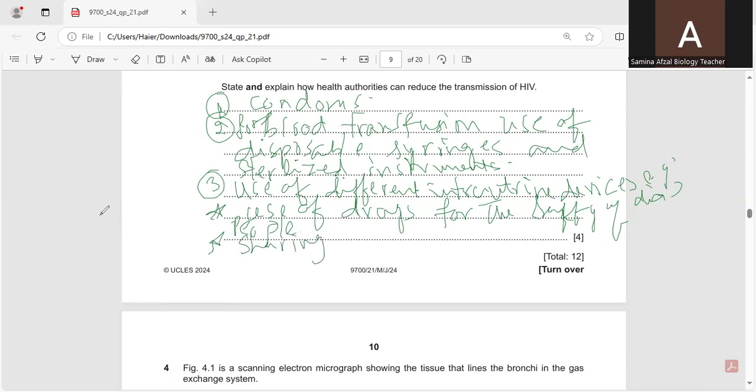Sharing of needles will be prohibited. So it was all about question number 1 to question number 3.